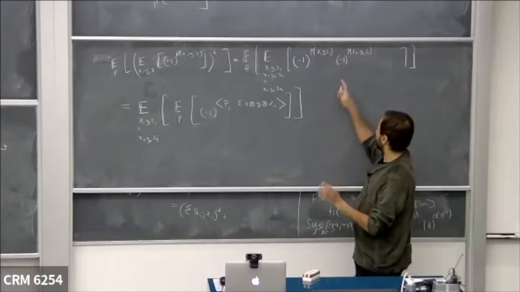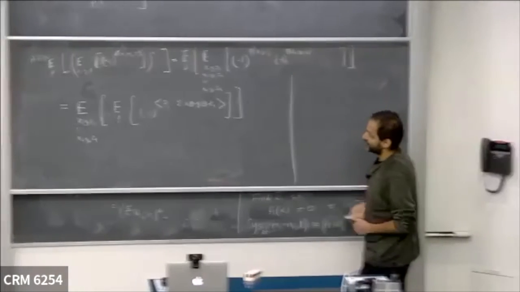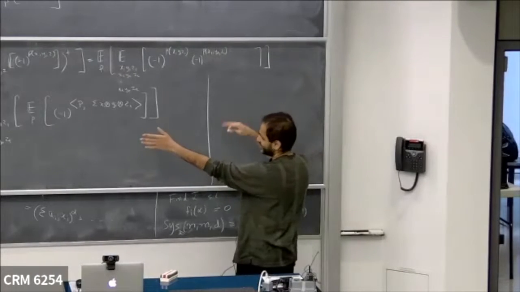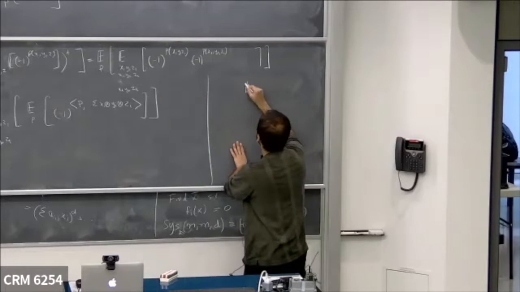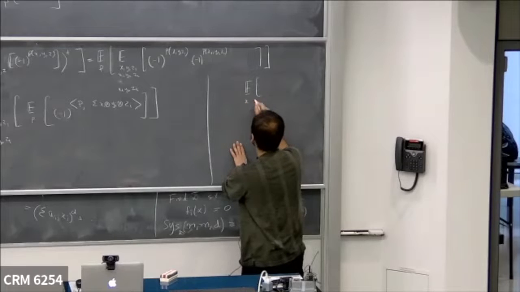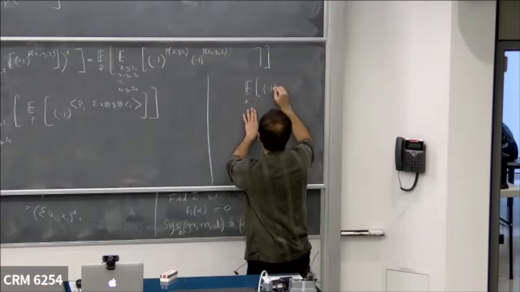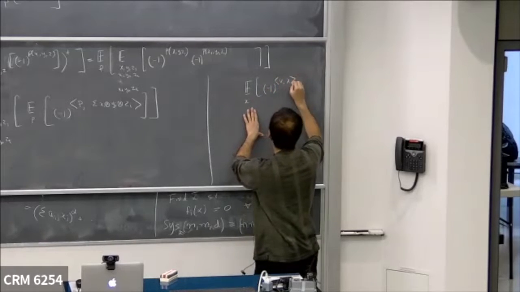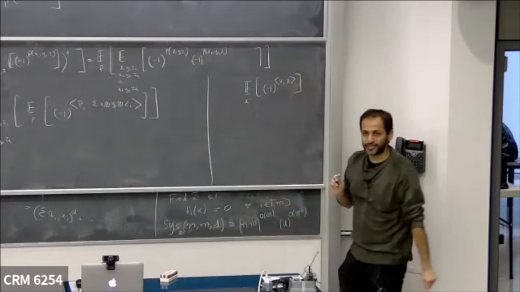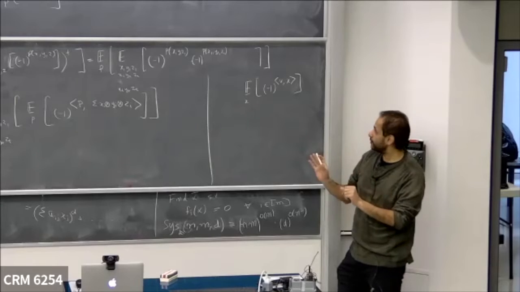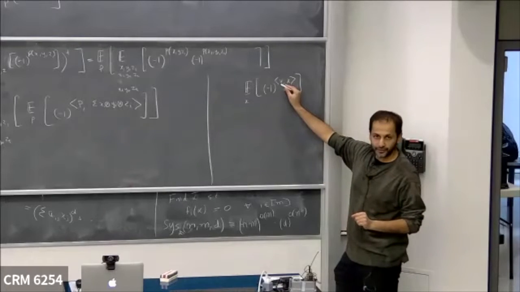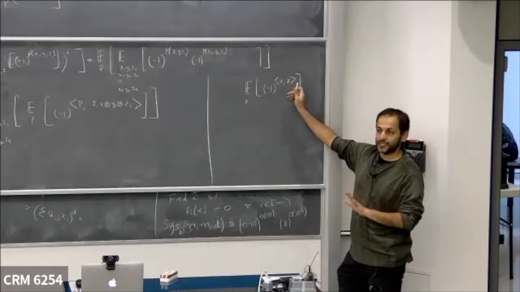Now, here's a really basic fact about expectations in this whole world. If you look at the expectation over a random vector X of (-1) to the V dot X, what is this? This is either 0 or 1. It is 0 if V is non-zero, and 1 if V is 0.